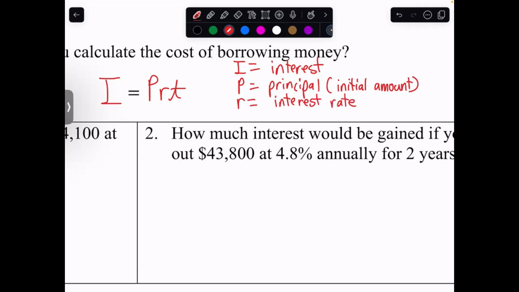Different banks offer different interest rates, so that's one thing that affects the amount of interest you earn and the amount of interest you get charged when you borrow money. And lowercase t, for this formula, is the time in years.